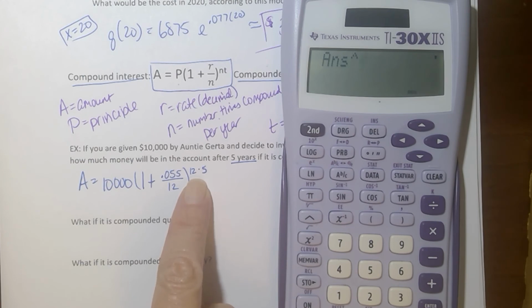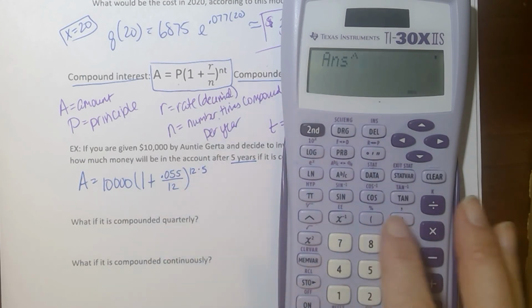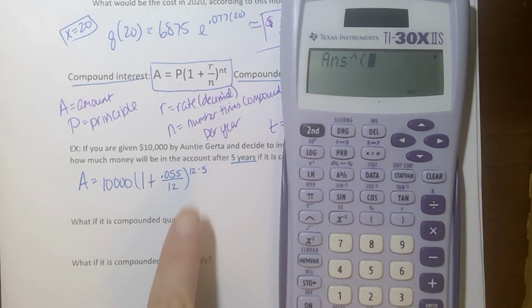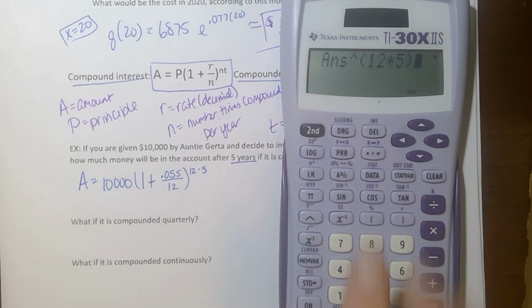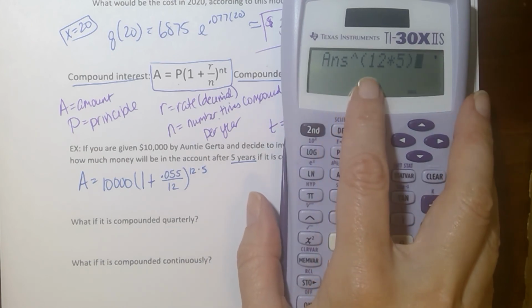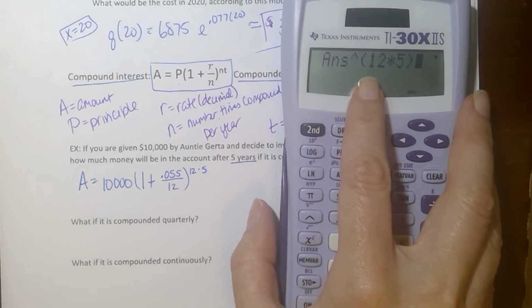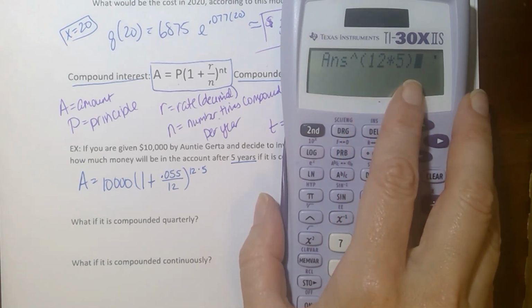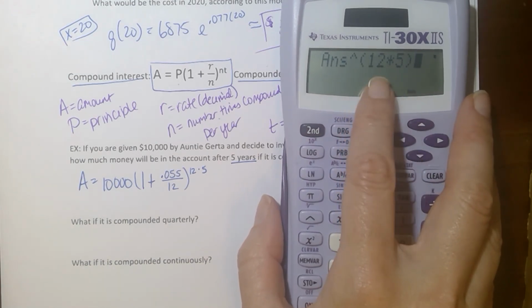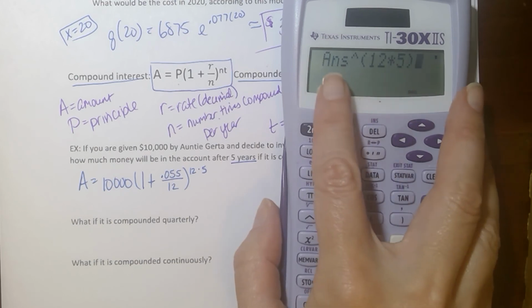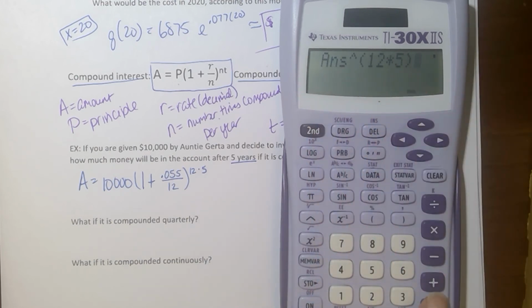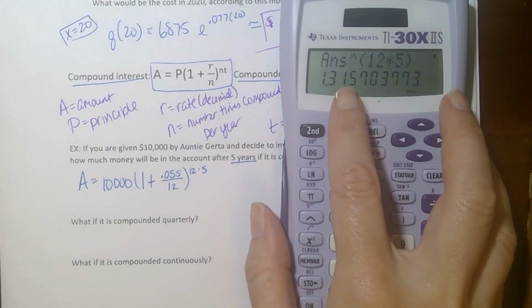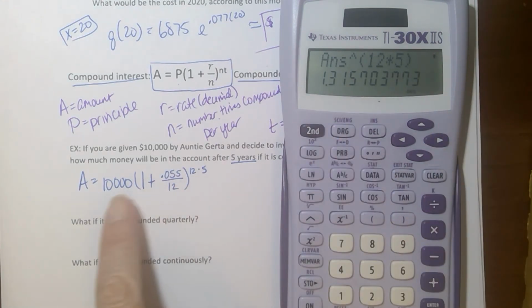However, if I don't know that, I have to use parentheses around that multiplication problem. If I don't put that inside parentheses, it would take my answer, raise it to the 12th power, get that answer, and then multiply it times 5. That's not correct. We need our exponent to be this 12 times 5. So I key it in like this, push enter, and this is the value that I need to multiply times 10,000.